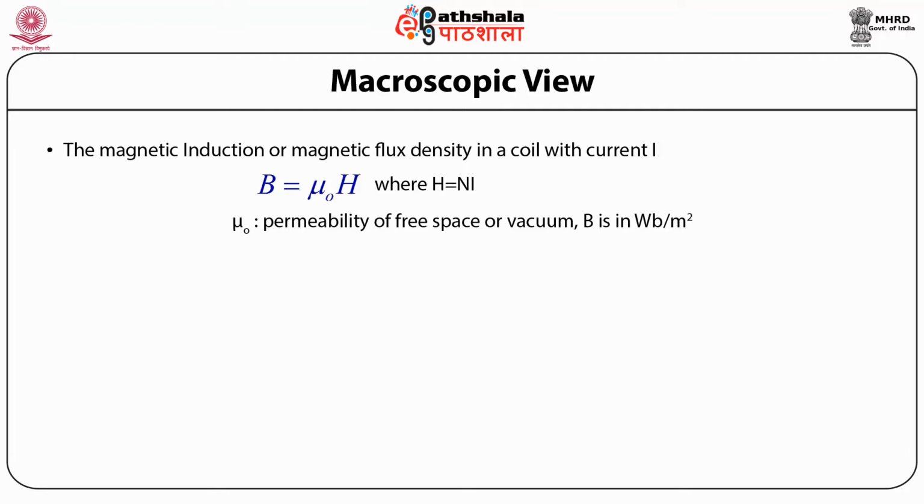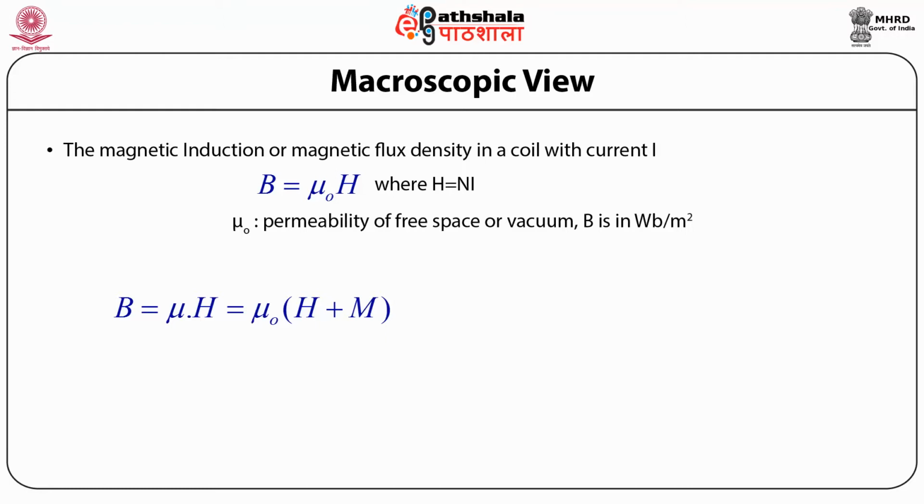The basic unit of B is Tesla or Weber per meter square. This also explains that while H depends only on the current, B also depends upon the medium surrounding the wire, which defines mu naught. So now, rewriting the equation, we get B is mu naught Ni.